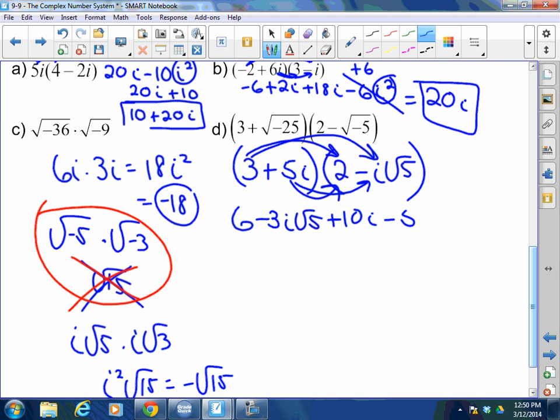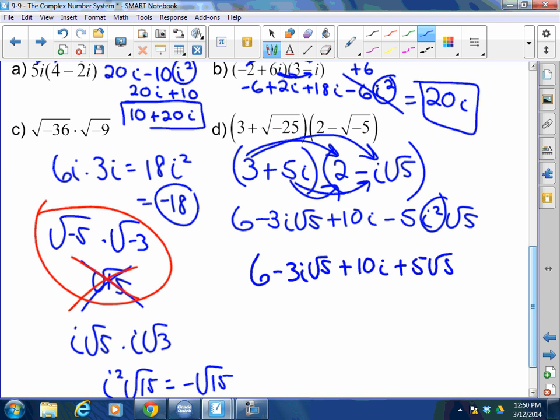Okay, it's negative 5i squared square root of 5, which I know some of you already simplified. You said i squared is a negative, so it's going to be 6 minus 3i square root of 5 plus 10i plus 5 square root of 5, because that negative 1 times a negative 5 gives me a positive. I don't have like terms here.